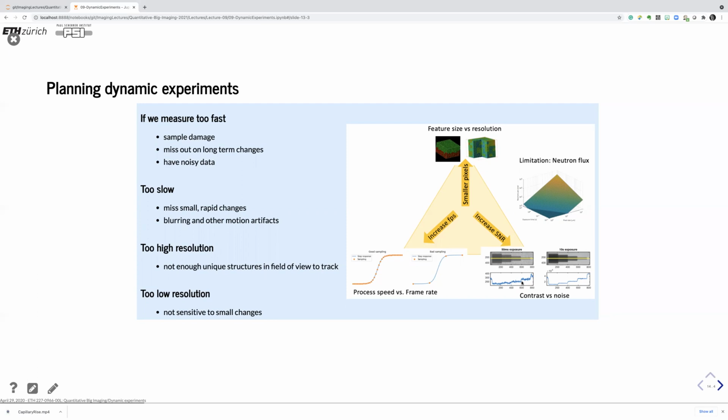And that usually means you have to have larger pixels and or a slower frame rate. So all these together, you have to balance. If you're too slow, you would miss small features and rapid changes, and also get some motion artifacts.